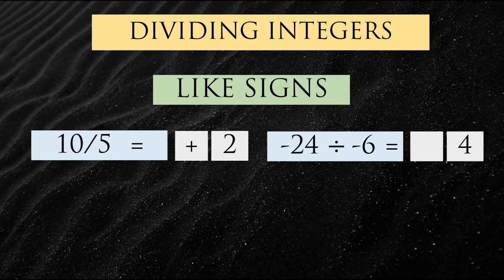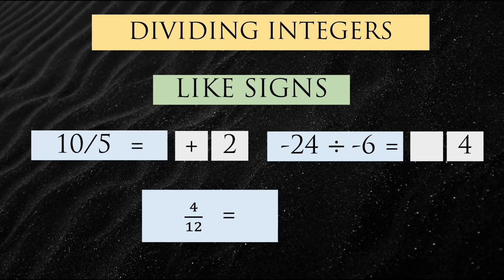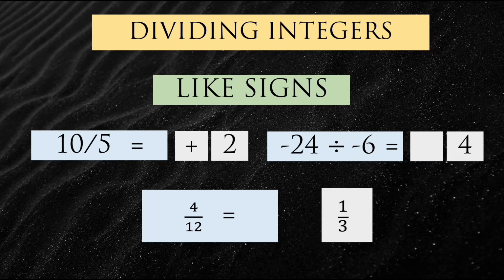Next, we have 4/12. That's a fraction and we can simplify it. Let's divide by the greatest common factor, and that's 4. 4 divided by 4 is 1, 12 divided by 4 is 3. So we have positive 1/3, because both integers are positive.